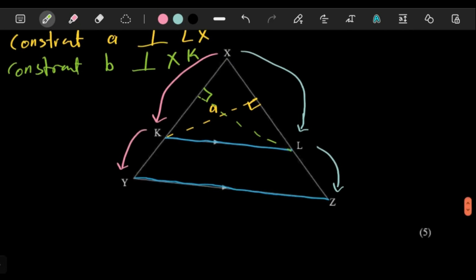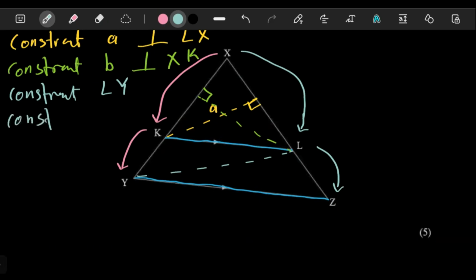And then you also want to construct LX, and you then want to construct LY. Let me write here, construct LY. So you want to construct this line over here, and then you need to construct KZ.